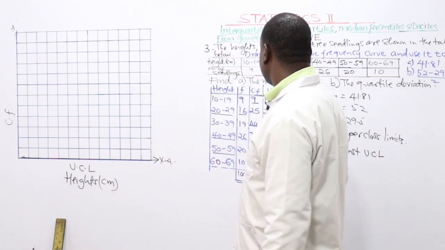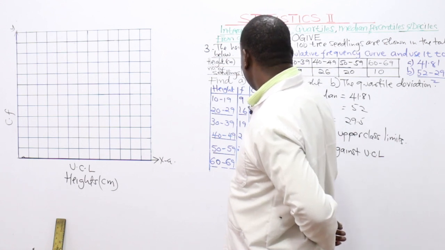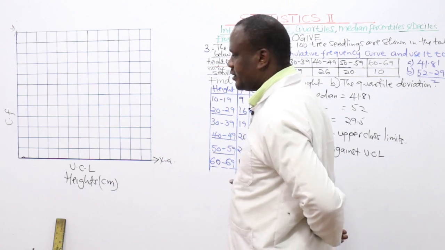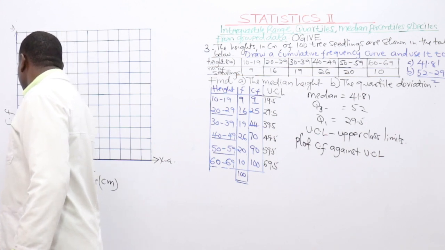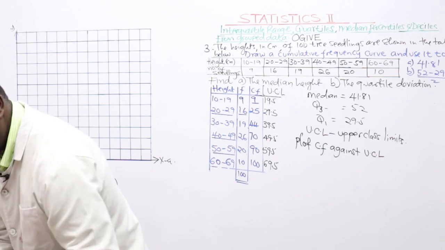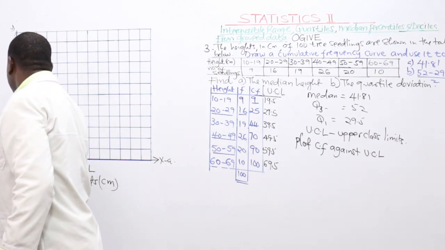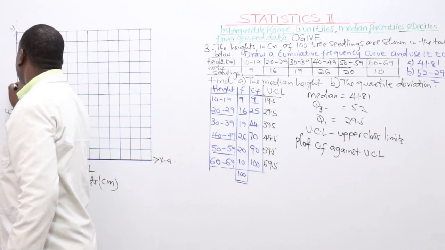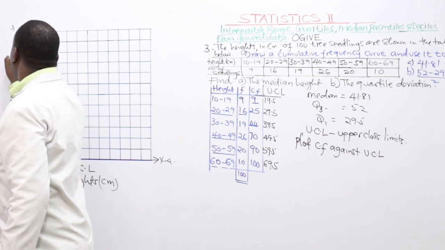They range from 0 up to 100. So we can have 10, 20, 30, 40, 50, 60, 70, 80, 90, 100.